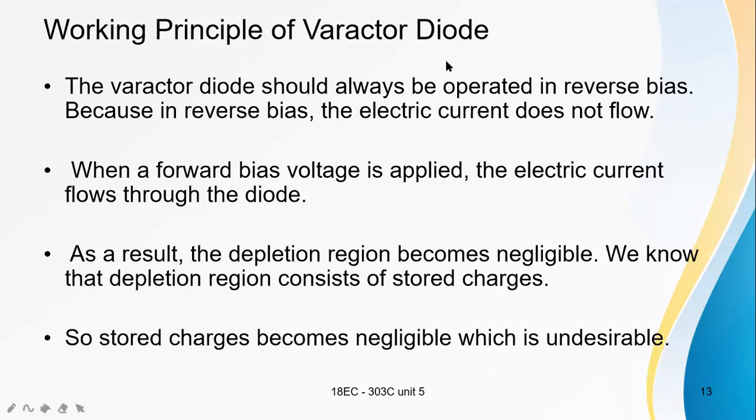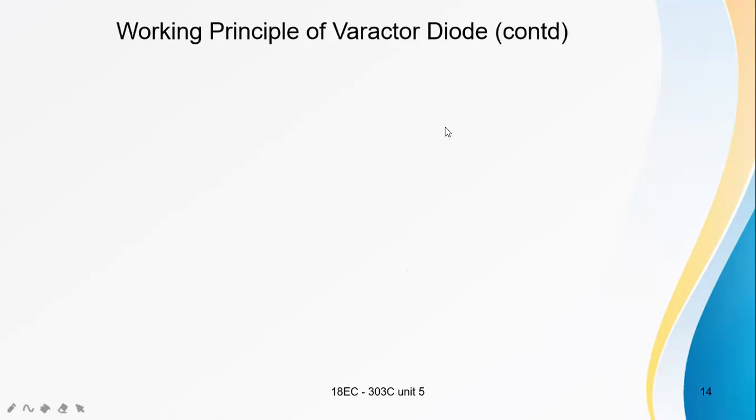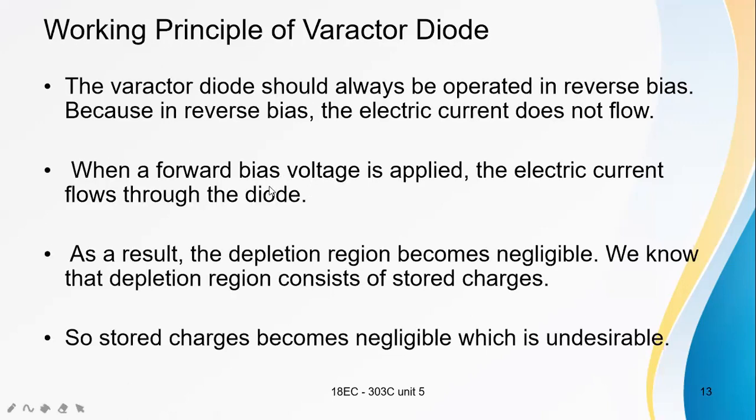That means based on the applied voltage between the two terminals, this device acts as a variable capacitor under reverse bias. So the varactor diode should always be operated in reverse bias, because in reverse bias the electric current doesn't flow. When the device is operated in the forward bias, there will be no junction, that means the width of the depletion region becomes negligible.